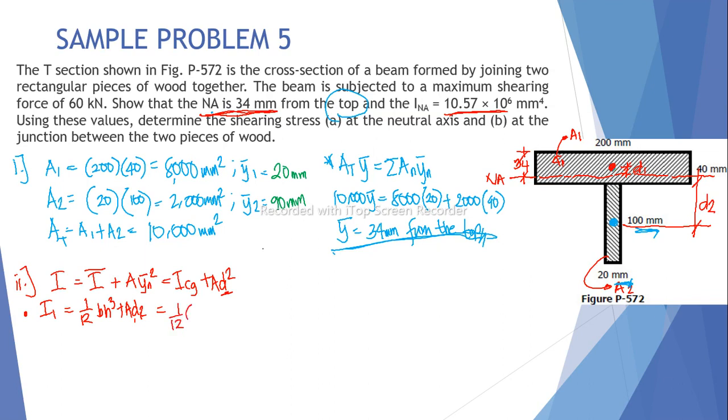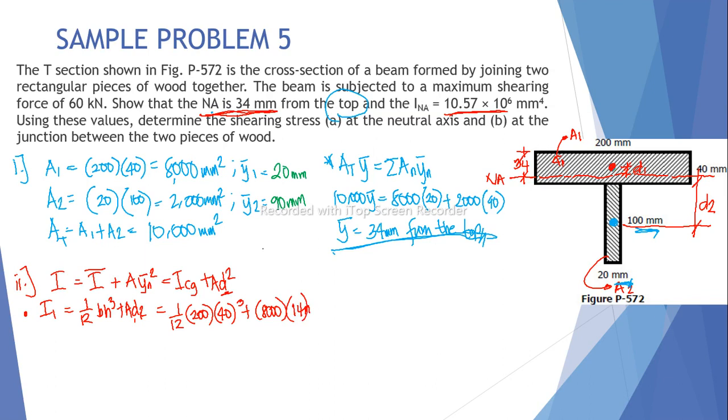So that is 1 over 12. Our base is 200 millimeters times our height of 40 millimeters cubed, plus the area, right? Area 1 is 8,000 times its moment arm, the distance from the centroid to the neutral axis, which for area 1 is 14 millimeters.